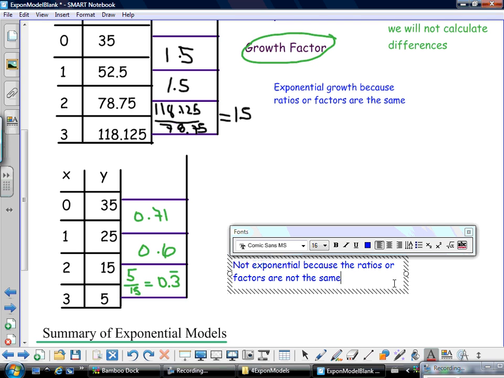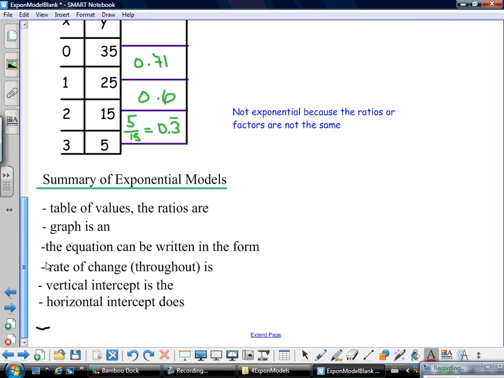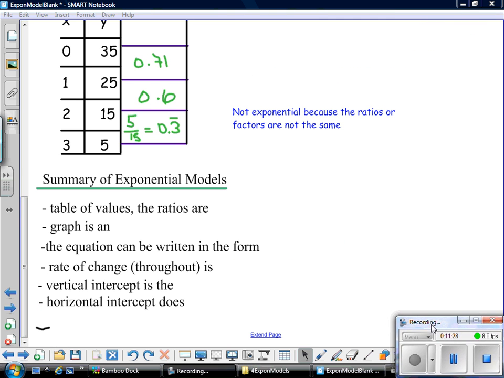Now, you don't have to use both the word ratio and factors. You can choose one or the other, unless you want to put both. It doesn't matter. Okay, summary of exponential models. There's a little bit more on these compared to the other ones. Let's take a look. In the table of values, the ratios or factors are equal. The graph is what we call an exponential curve.